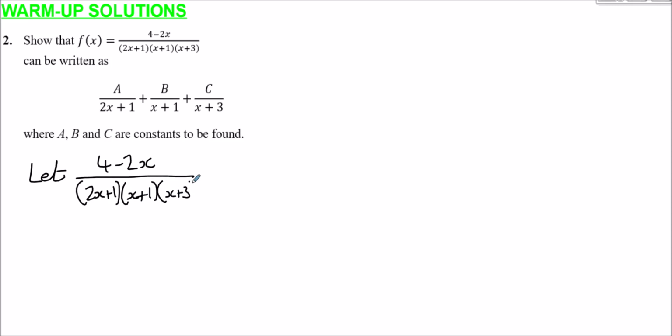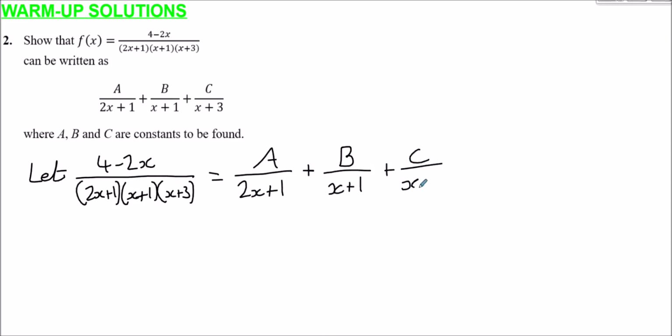x plus 3. Let that equal a over 2x plus 1 plus b over x plus 1 plus c over x plus 3, like so. So I'm going to give myself a bit more space here.